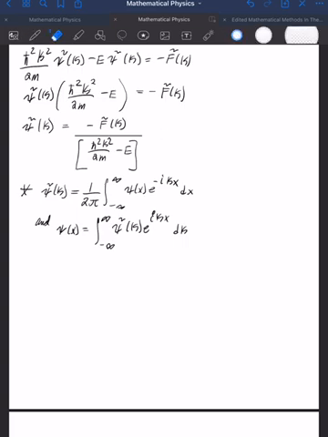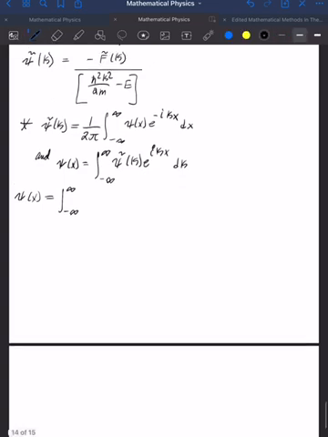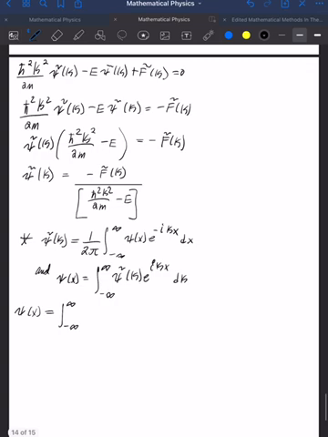So we have an expression for psi tilde. This is our expression for what psi tilde of k is. So if we're seeking to find psi of x, that's going to be equal to the integral from minus infinity to infinity of psi tilde of k times e to the i kx dk, right? From what we've done so far, we've been able to solve and find an expression for psi tilde of k.